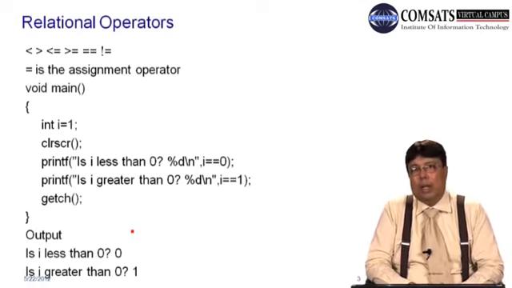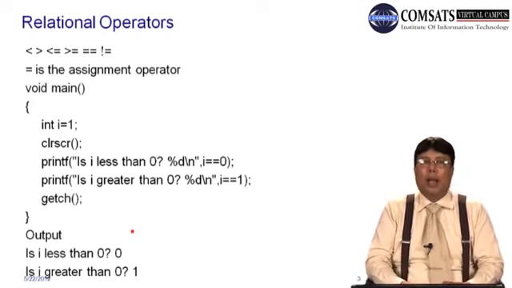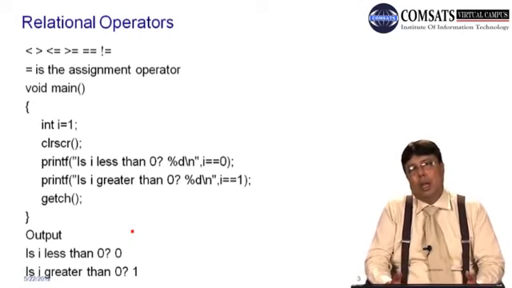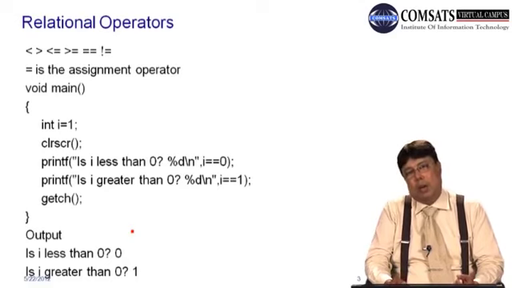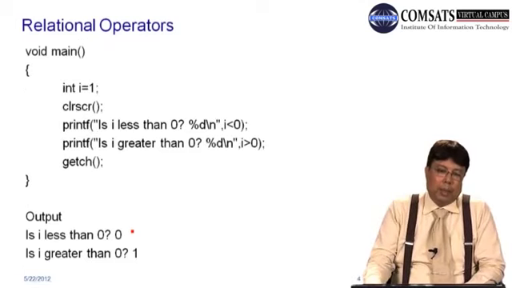The R value and L value we use with an assignment operator. When we use it as an equality operator, we are comparing the two values. And whenever we compare two values, the answer is either 1, meaning true, or 0, meaning false. So your answer will be 1 or 0, meaning true or false.